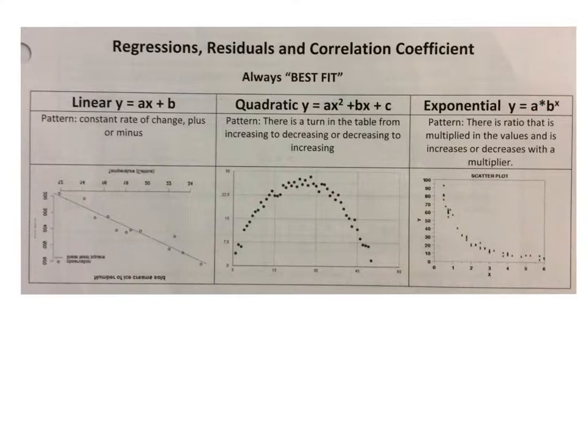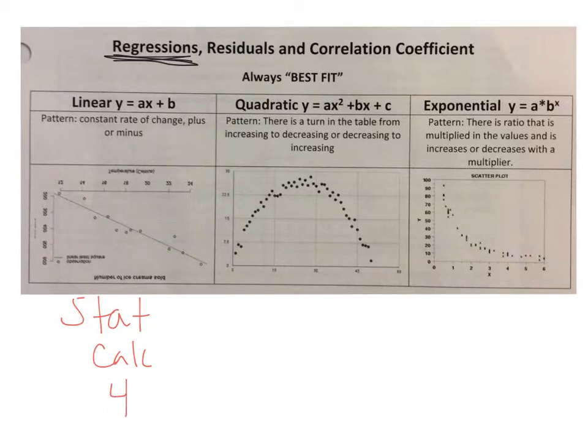Now remember, at this point in time we are talking about the word regression. We're not talking about residuals yet. One of the things we've got to remember when we're trying to get our regression points is that we're going to utilize stat calc 4 for linear. So let's write that in right below it. Stat calc 4.